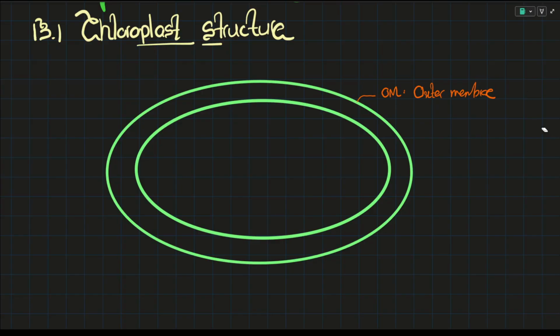Outer membrane. Why does my U look like an X? Outer membrane, right. And then the IM, inner membrane. Now these membranes, they're not really specific for chloroplasts. You know, if you take mitochondria, if you take a cellular membrane, they have outer membranes and inner membranes. No big deal.